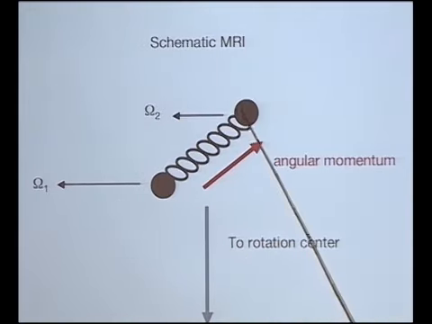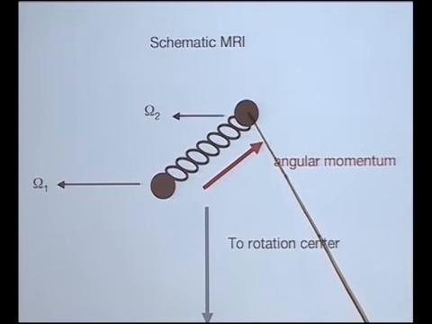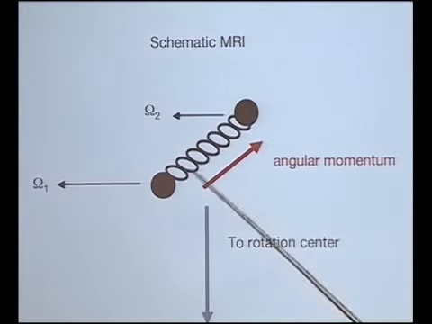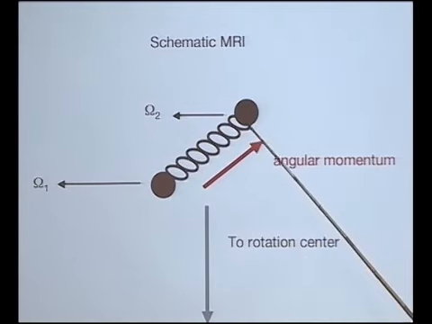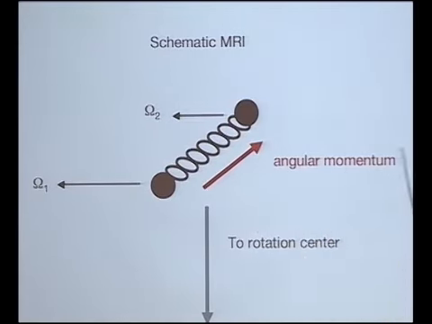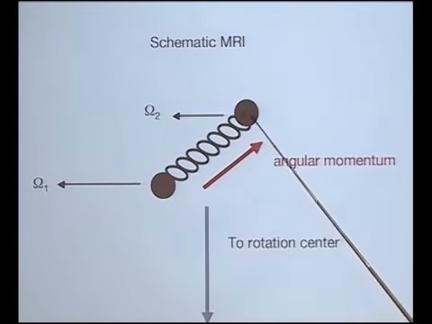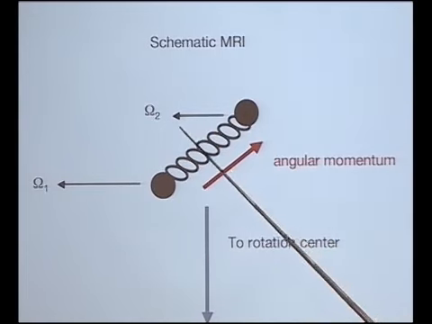And for those of you who haven't grown up with the MRI, the basic reason that you get an instability is that, let me go back one little step. Here I have my rotation center. I have a fluid element orbiting like this, and another fluid element a little bit farther out. The magnetic field, which is threading these fluid elements, acts like a spring connecting them with a restoring force proportional to the displacement.